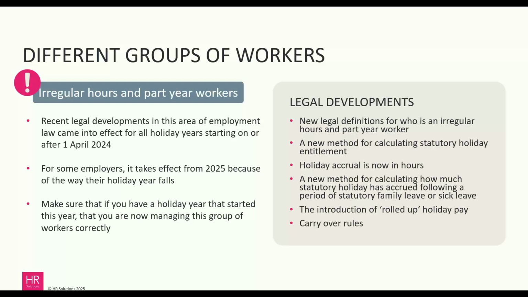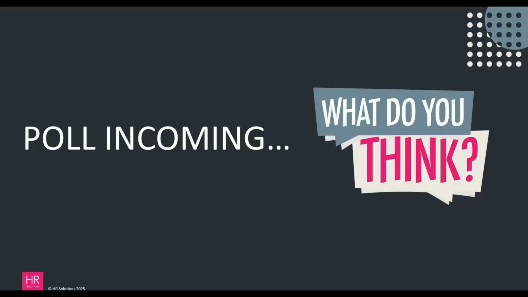So we've got 3 polls at this stage, so it'd be great to get your input and your thoughts. And the first one being, do you employ irregular hour workers and part-year workers?